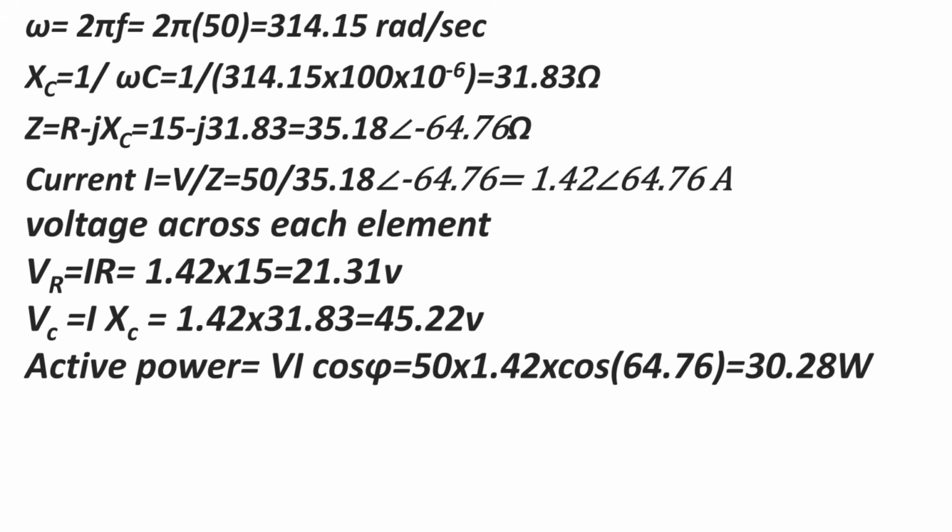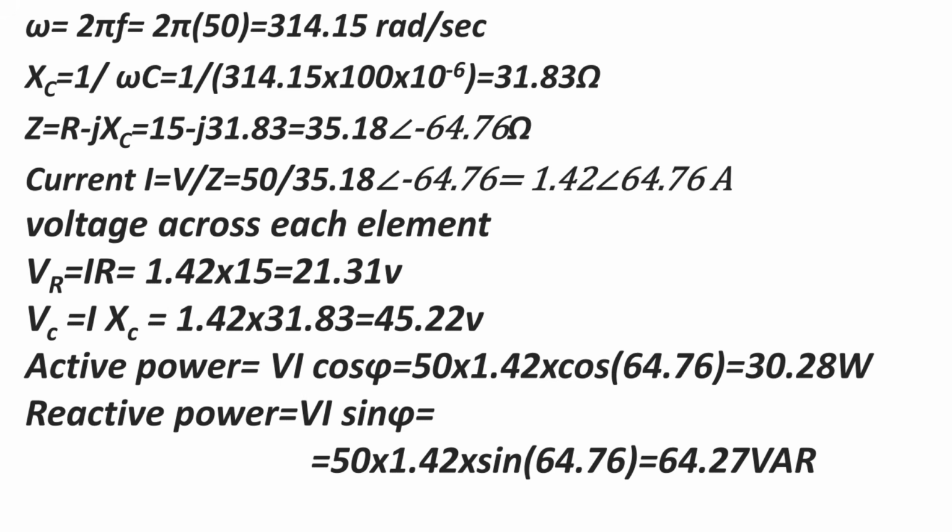Active power is VI cos phi. Voltage is 50, current is 1.42, cos of 64.76, which equals 30.28 watts. Reactive power is VI sin phi, equals 50 into 1.42 into sin 64.76, equals 64.27 VAR, volt ampere reactive. The unit for reactive power is VAR.